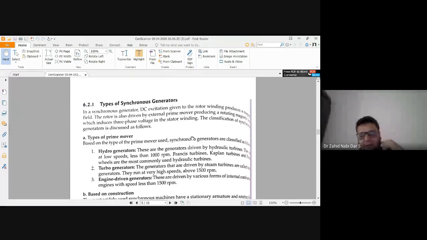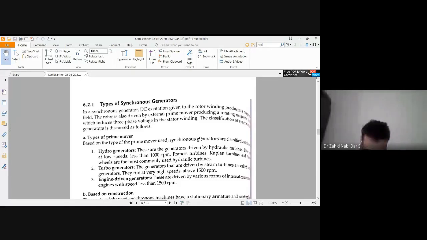Why is the number of poles more? Because the synchronous speed ns is equal to 120 f by p. If p is greater, with 6000 as the numerator, the speed gets reduced, and the diameter of the pole is large and the length of the pole is less. This is basic, and sometimes this question can appear in a competitive exam also.